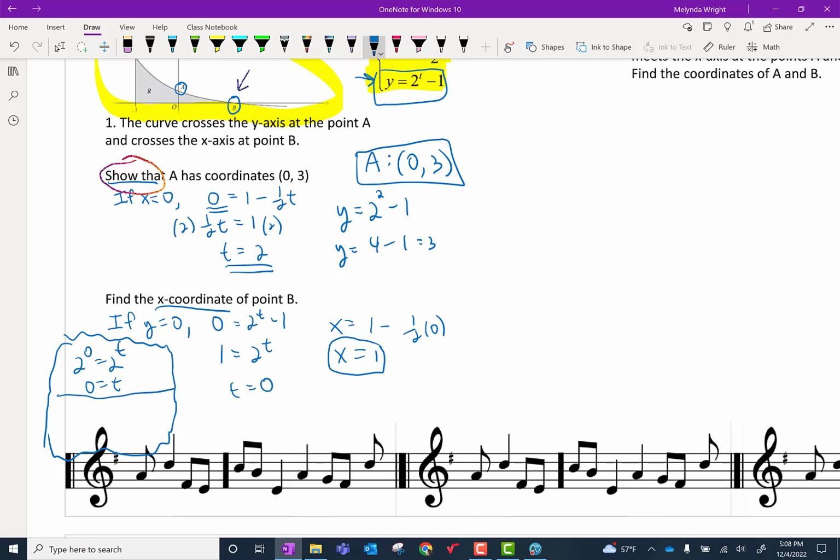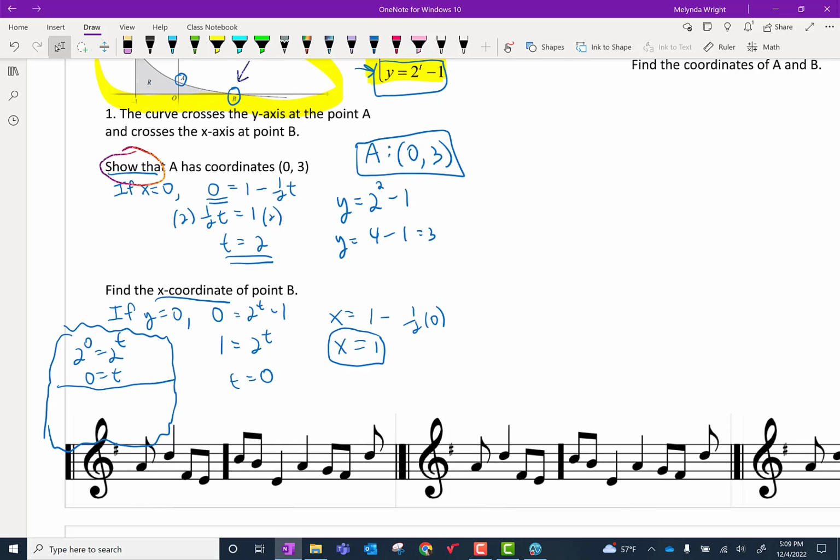Another way to do it is to take the log of both sides, which you're probably like, oh no, we don't want to go that route. Okay, I get it. So if we take the log of both sides, log of 1 equals log 2 of t, and then we pull the t down, t log of 2 equals log of 1.